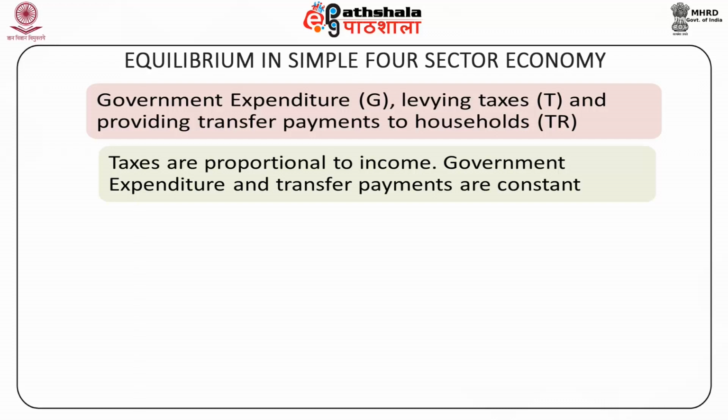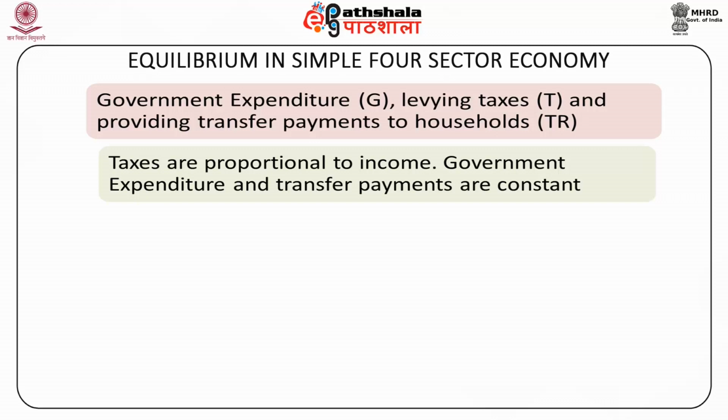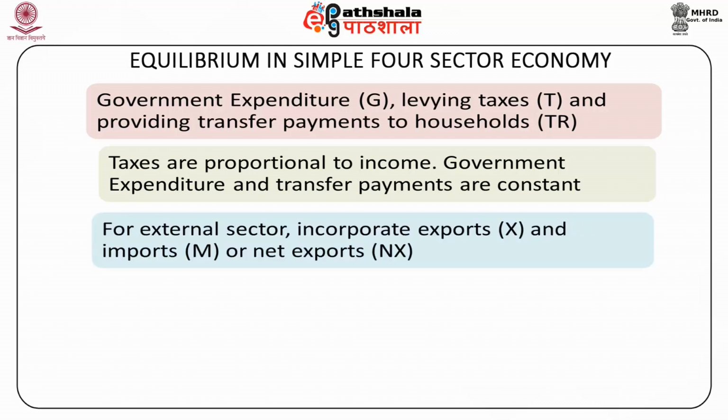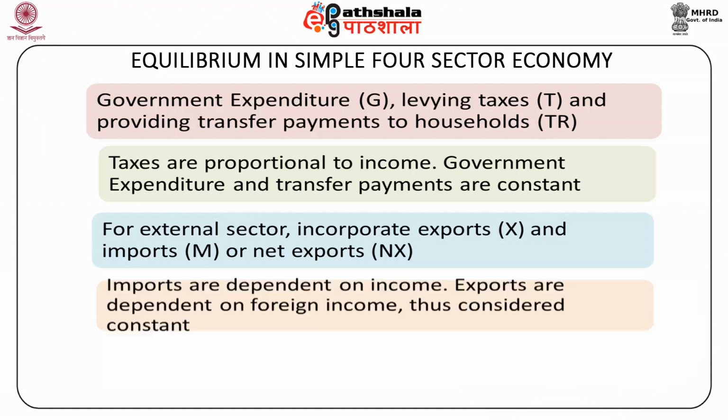Introduction of foreign trade would imply that we need to incorporate exports and imports or net exports in the model. The demand for imports will increase as income increases. However, exports are dependent on foreign income and not domestic income and are considered as autonomous in this model.